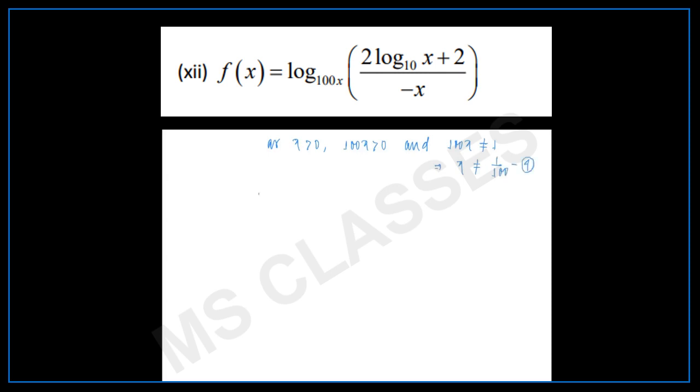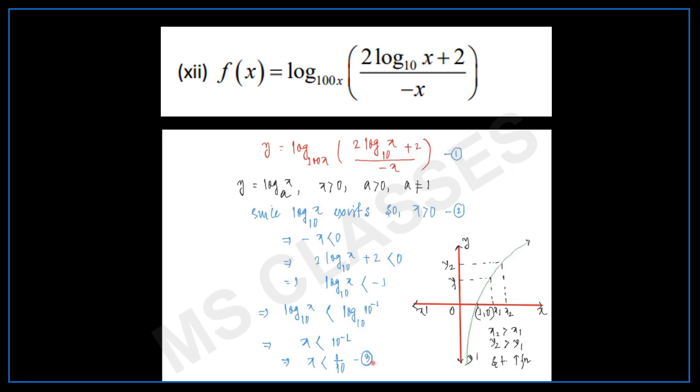Now from 2, 3, and 4. See, from 2 we have understood that x should be greater than 0. From 3 you have understood x should be less than 1 by 10.